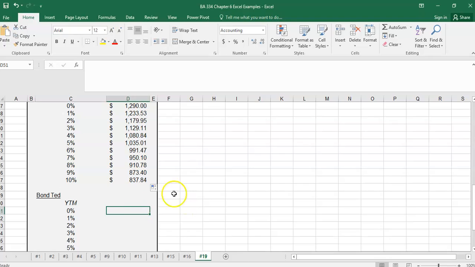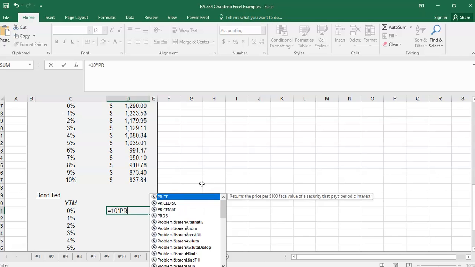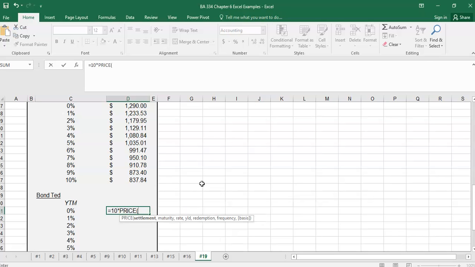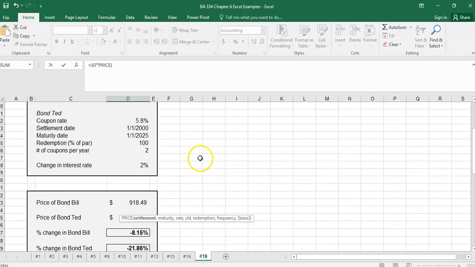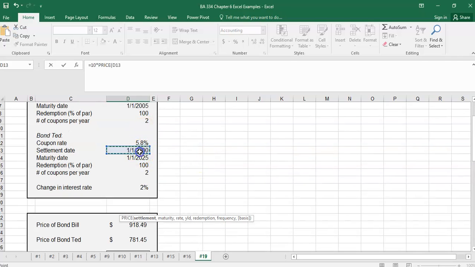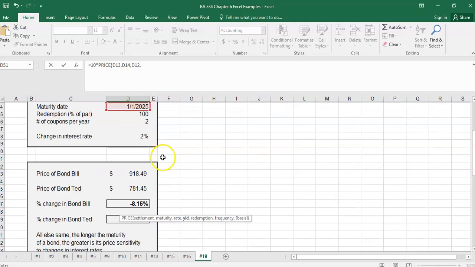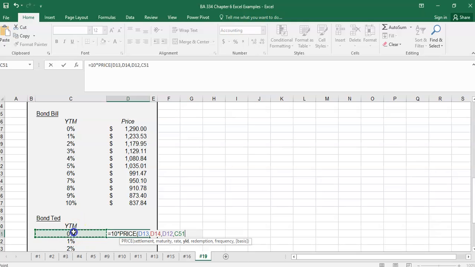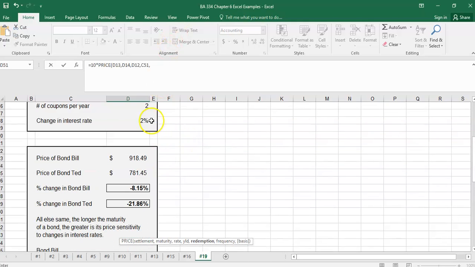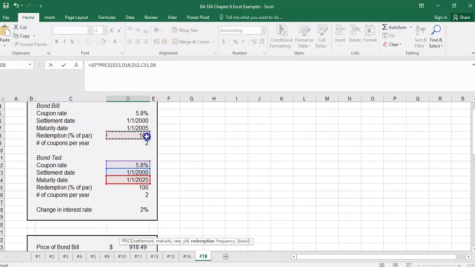We would do the same thing with Ted: settlement, maturity, rate, yield, redemption, coupons.